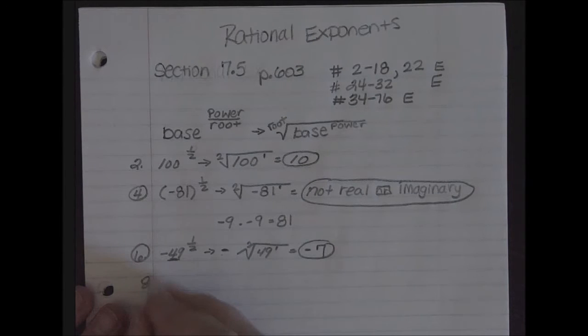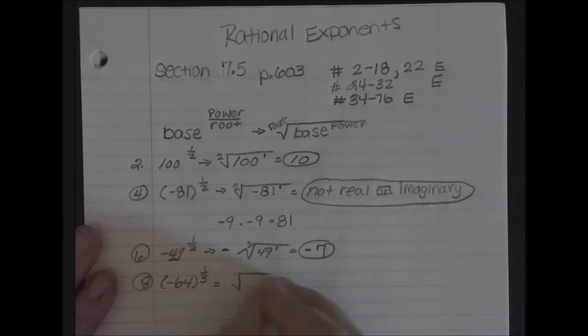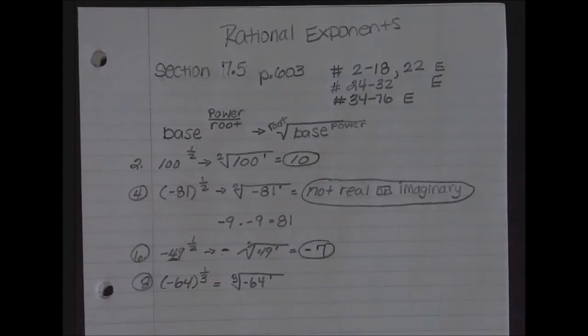Moving on to number 8. I have negative 64 to the 1/3 power, and that negative 64 is in parentheses. So that means that the negative 64 goes inside of the radical. Exponent is 1. The root is 3. So they're asking for the cube root of negative 64.